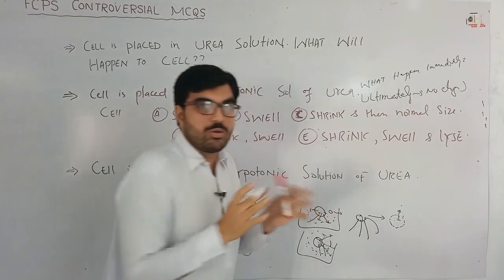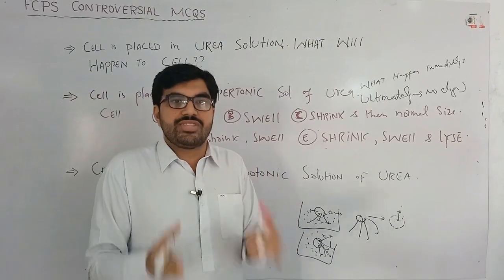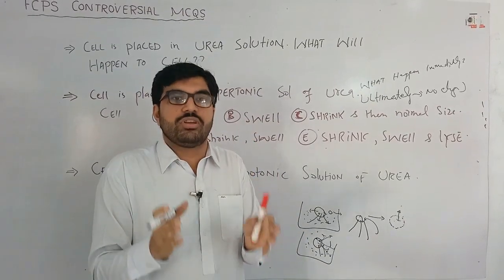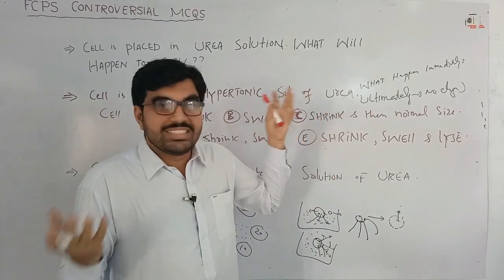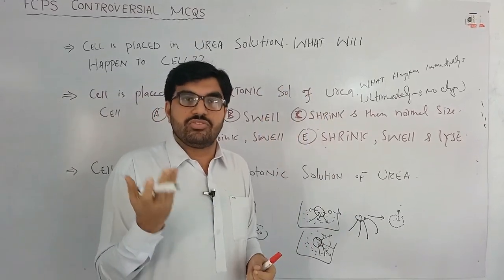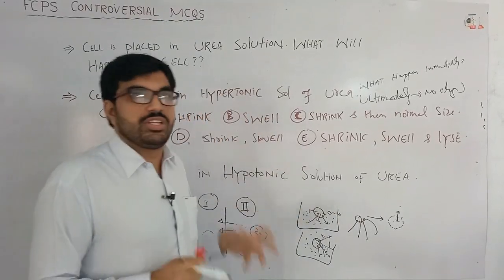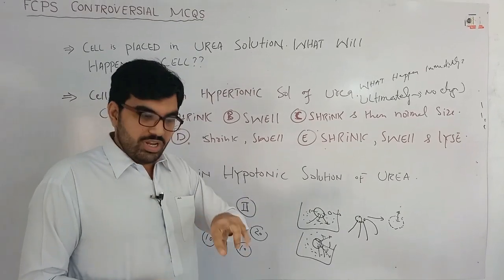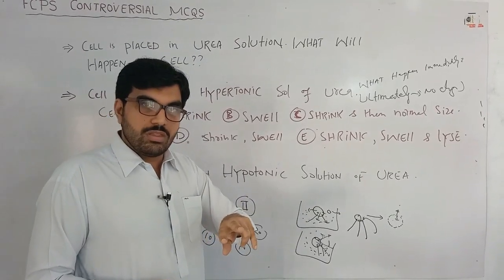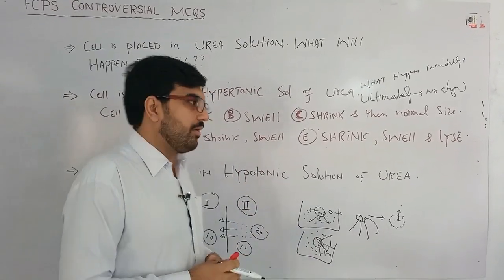All these changes occur for a brief period of time until there is equal distribution of urea. The size of the cell remains the same at the end of the story. These changes occur initially. When the urea distributes and there is equilibrium, the cell regains its size in the end.